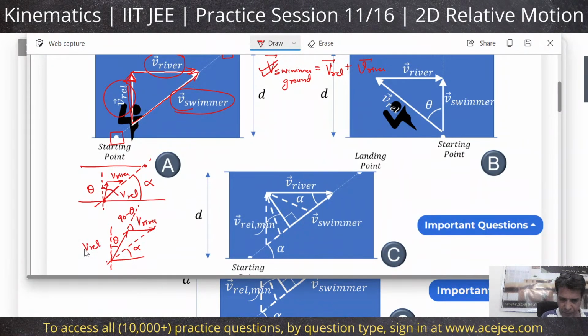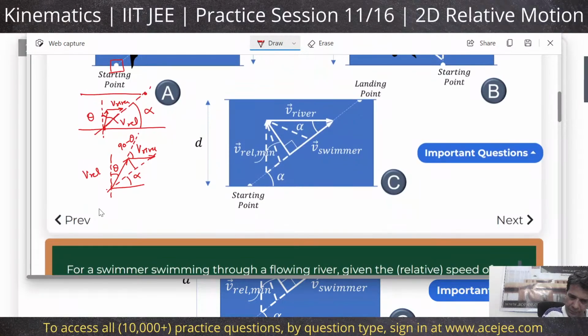Yes, please. We did this. Would you use this equation to figure out angle theta?